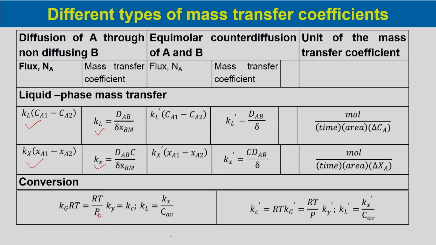In case of the equimolar counter diffusion, we can write Kc dash would be equal to RT Kg dash, which would be equal to RT by Pt into Ky dash, and KL dash would be equal to Kx dash by C average. So, this is the conversion among the mass transfer coefficients both in the gas phase as well as in the liquid phase.